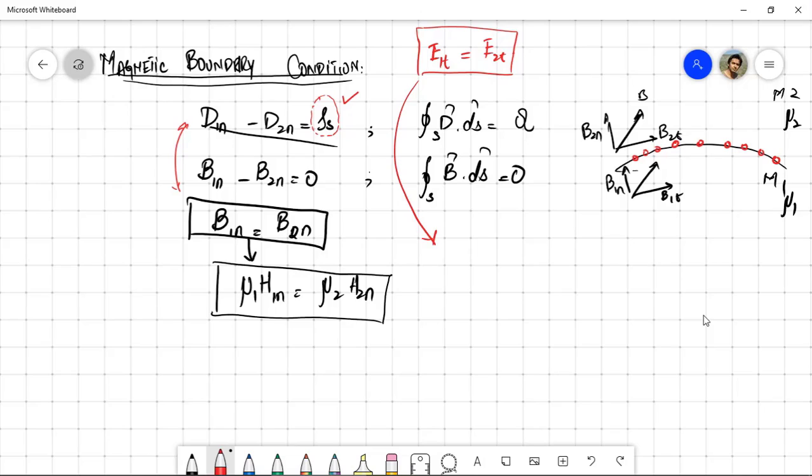We will use Ampere's law, and in order to use Ampere's law, we need to imagine a contour. So he is imagining a contour in the form of a rectangle, because we're talking about the tangential component. So we need to have such sides which are parallel or anti-parallel, so that we can easily calculate the value of h dot dl.